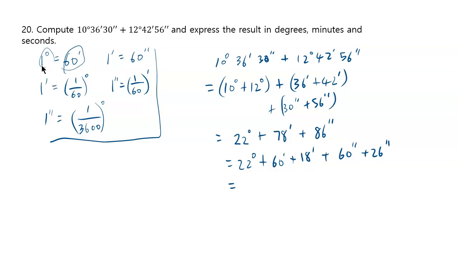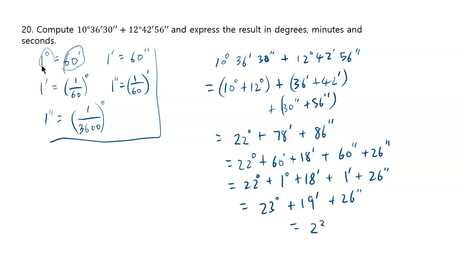And because we know that 60 minutes is 1 degree and 60 seconds is 1 minute, you now have this as 23 degrees, 19 minutes, and 26 seconds. So your final answer will be 23 degrees, 19 minutes, 26 seconds.